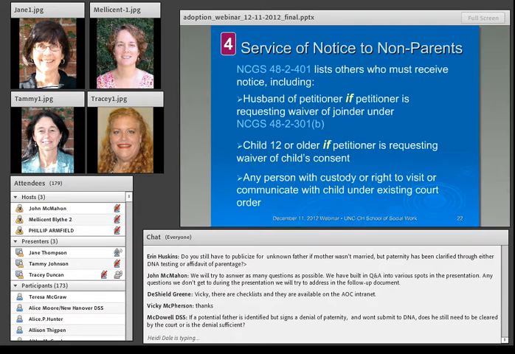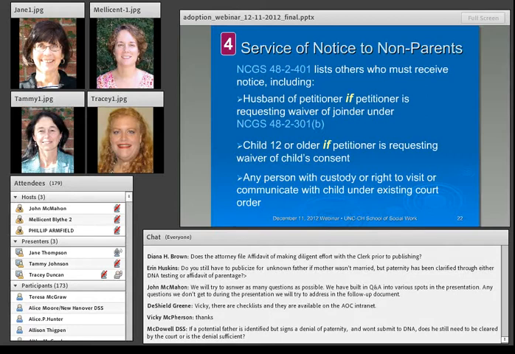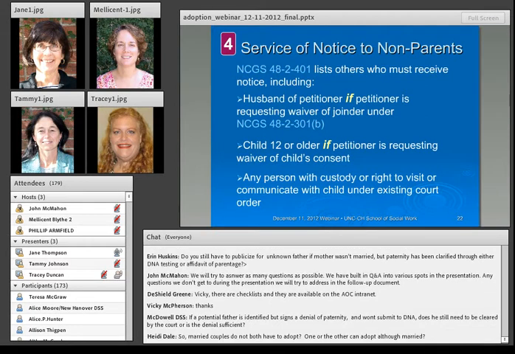And then finally, any person with custody or a right to visit or communicate with the child under an existing court order, not somebody who would like to go to court and get an order, but one who already has it. DSS, pay attention to this, because a lot of us go through a long battle in juvenile court before we get to adoption. Let's say we've got a grandparent or other relative who has really wanted to be the placement of the child, but in the end, foster parents are going to be adopting.